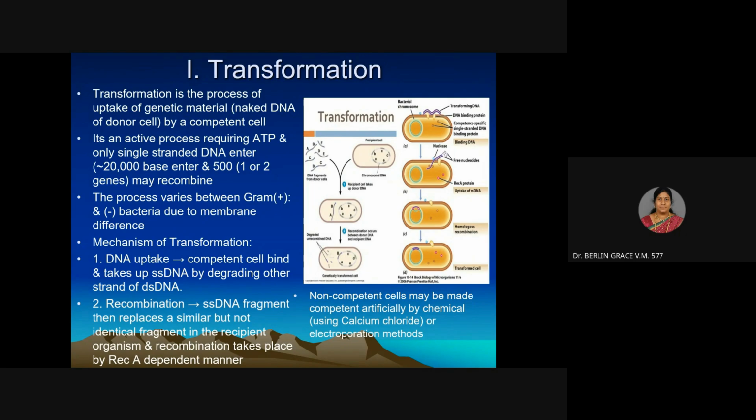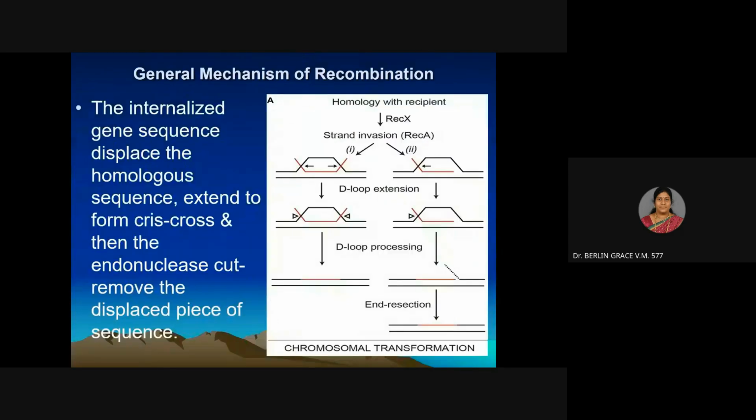And that single strand is stabilized by single strand binding protein, and recombinase protein will help with the exchange of the chromosome. How this exchange happens, the general mechanism of recombination, is explained by different models.